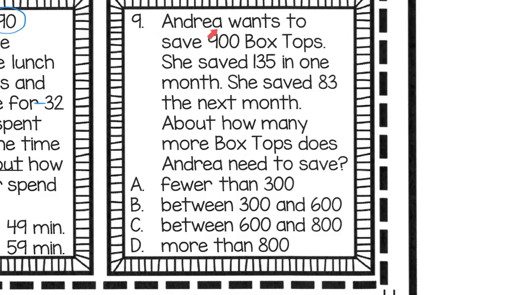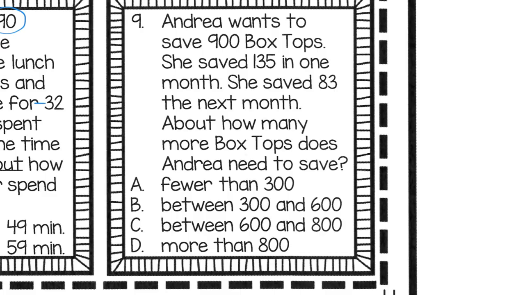On number 9, it says, Andrea wants to save 900 box tops. She saved 135 in 1 month. She saved 83 the next month. About how many more box tops does Andrea need to save? That says about. So you'll notice these answers say like fewer than 300, between 300 and 600, between 600 and 800, more than 800.